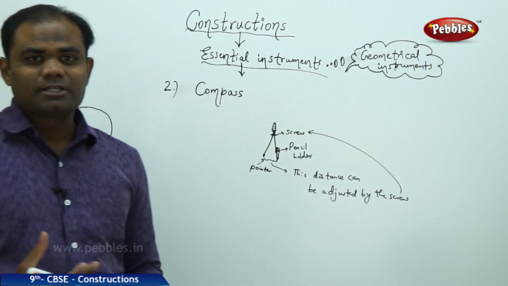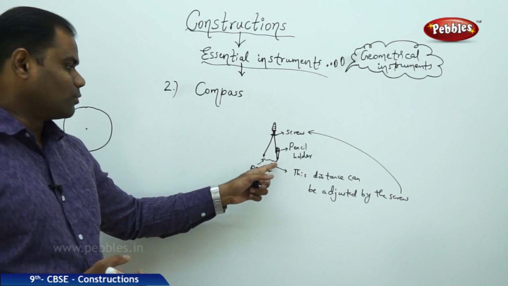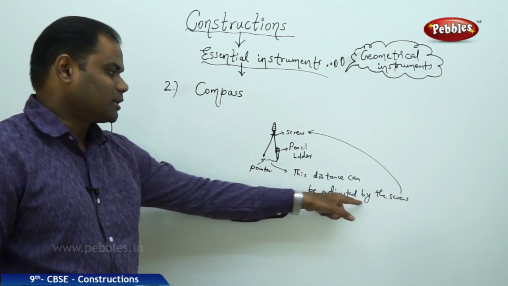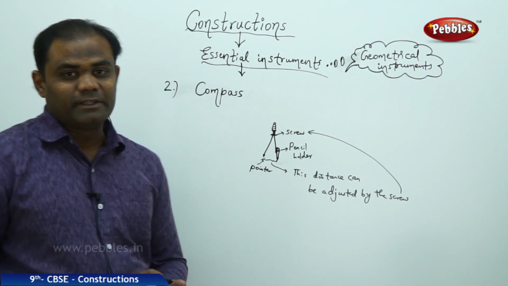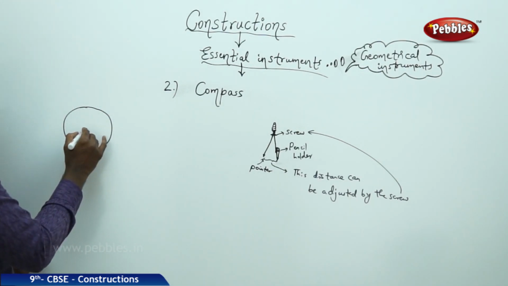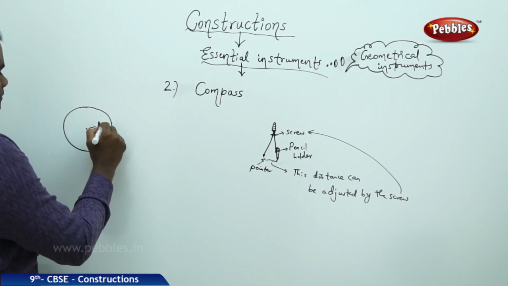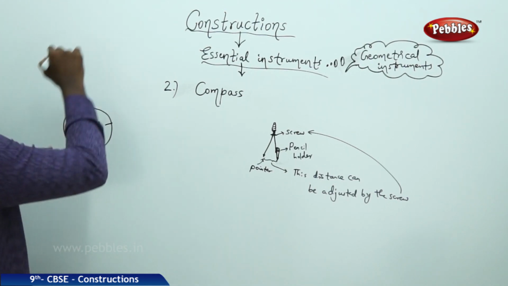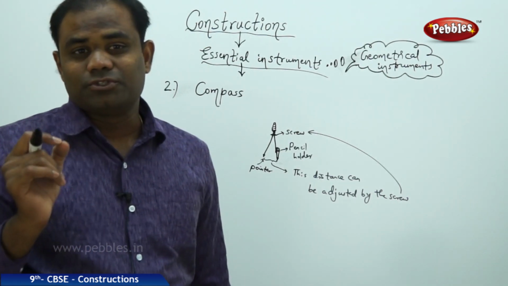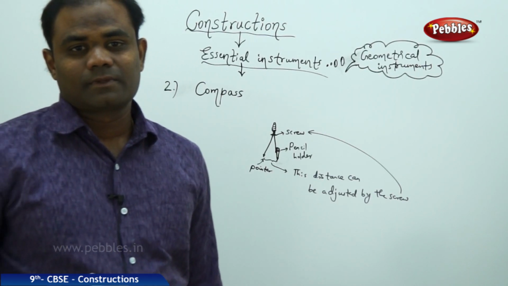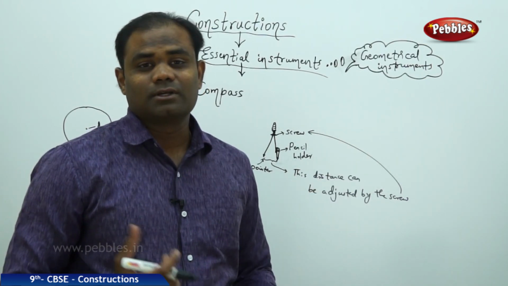So the suitable distance which we wanted can be adjusted by moving to and fro, and getting the fixed distance can be adjusted by the adjustment of the screw. And then with that distance, I put the pointer here and I put the pencil out here at a suitable distance, and then I rotate the pencil, keeping the pointer fixed. Then I get a perfect geometrical circle. Construction of a circle is the significance of using a compass.